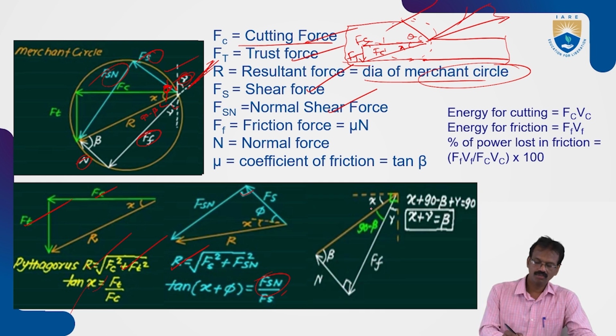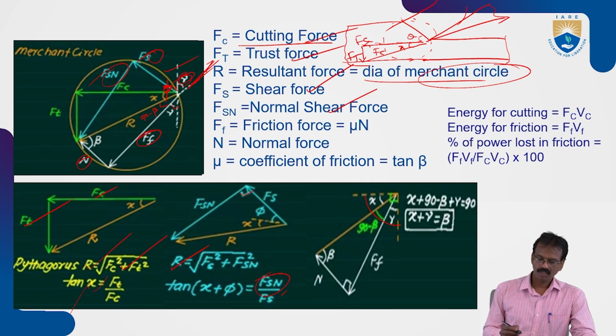So this is x, this one is 90 minus beta, and this is the gamma angle. By using this triangle, if you consider the total to be 90 degrees, then you can find the x value from these angles.